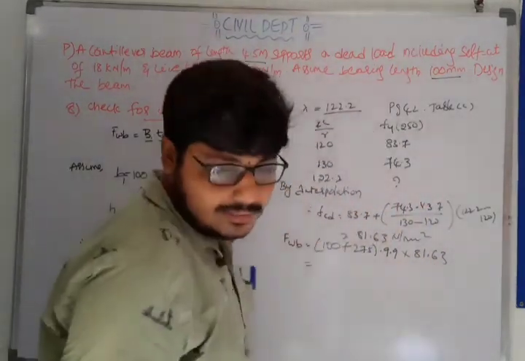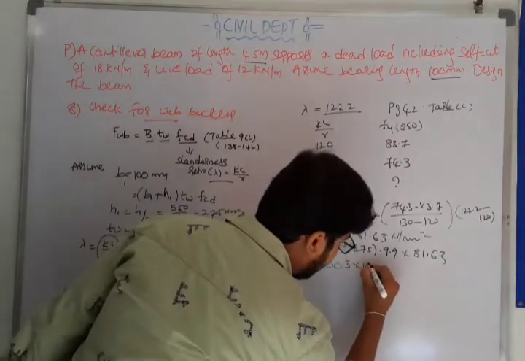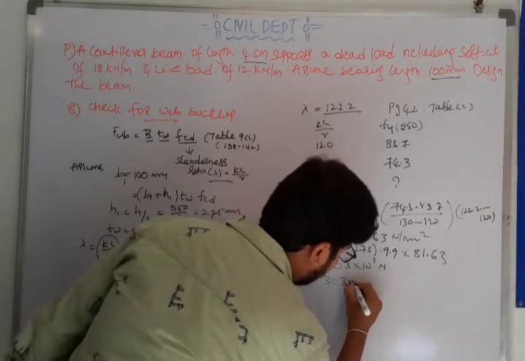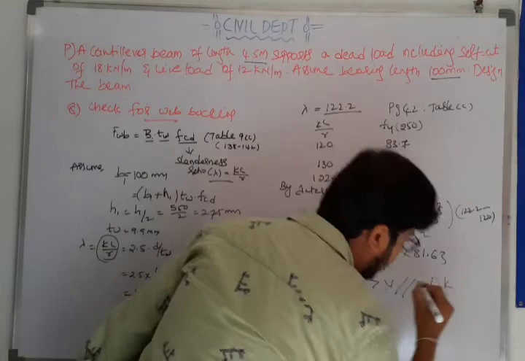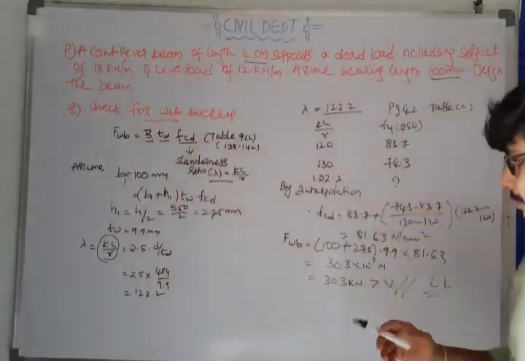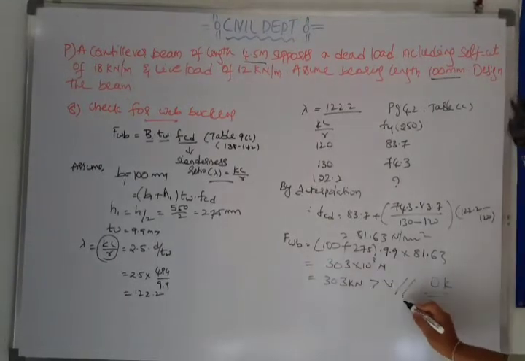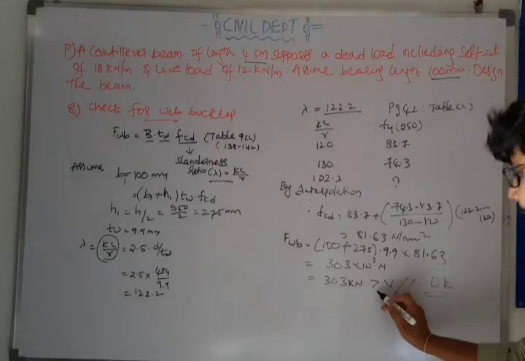By solving, we get the value of 303 into 10 cube newtons, that is 303 kilonewtons, which is greater than V. Hence okay. The web buckling value 303 is greater than V. We have told that all design critical checks must be greater than the shear force.